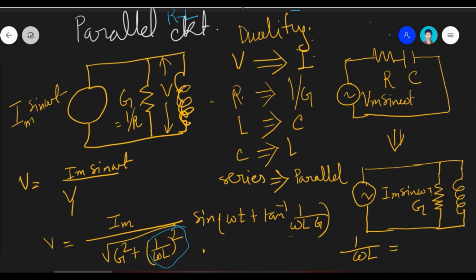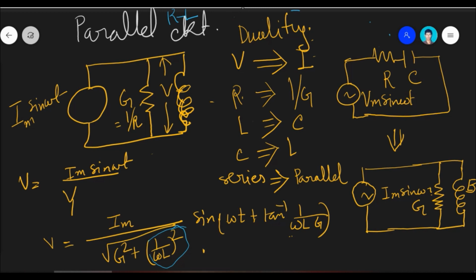So what we are getting here is, if this replacement we have performed, then see the expression of current.